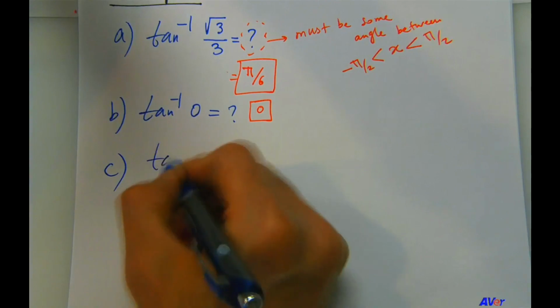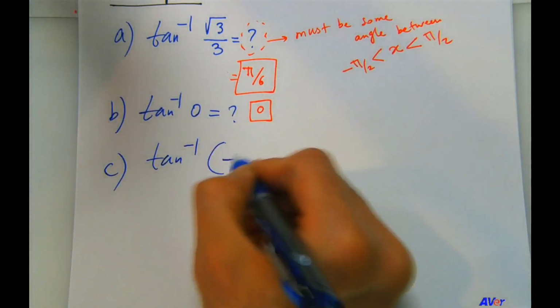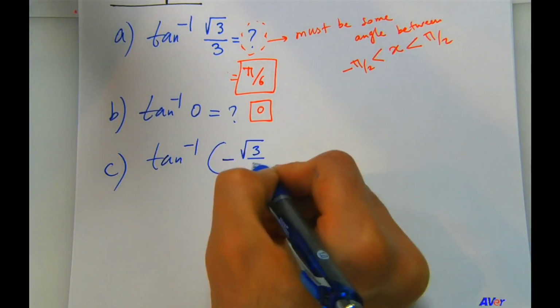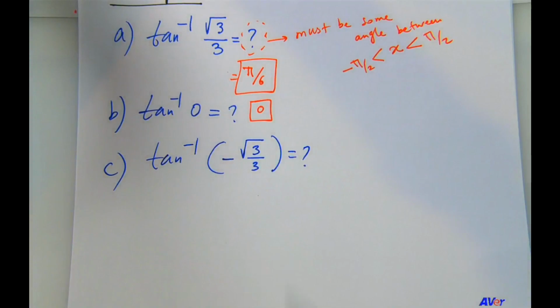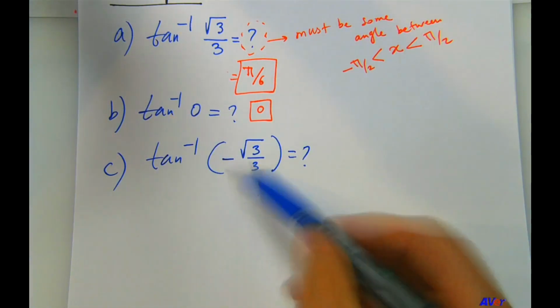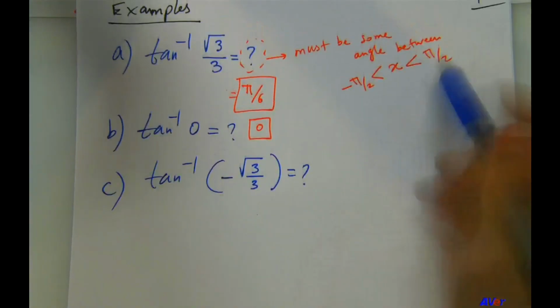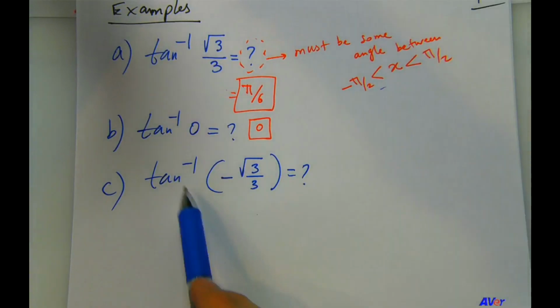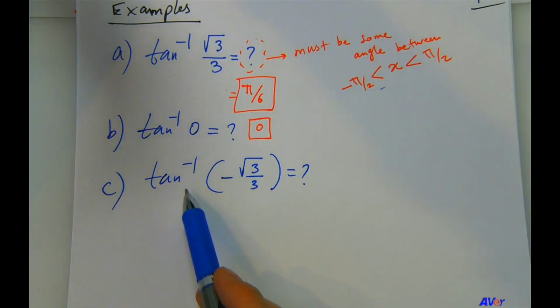And then another example. We want to find out the inverse tangent of negative square root of 3 over 3. So remember, this angle should be between negative pi over 2 and pi over 2, like that. So in which quadrant is the tangent negative?